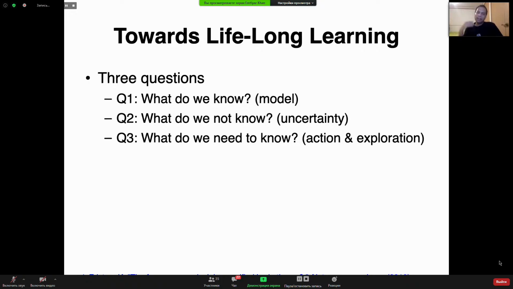You don't want to think about everything that you do not know, but only the things that you need to know right now. And so there's this question about what is relevant and what is not relevant. This is the thing that I showed you some pretty pictures of from the MNIST digits, where you can figure out what is relevant and what you should be learning about.